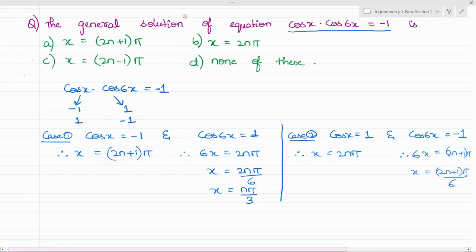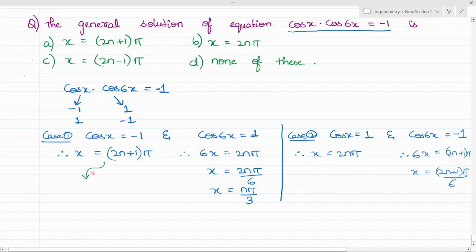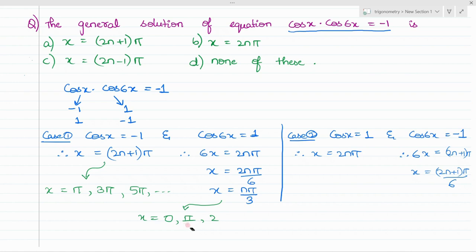Now we need to find the common values. In this, substitute the values of n. Then x will be pi. If you substitute n equal to 1, it will be 3 pi, next 5 pi, and so on, the odd multiples of pi. From here, we can write the values of x as, if n is 0, it's 0. Next, pi by 3. Next, 2 pi by 3.